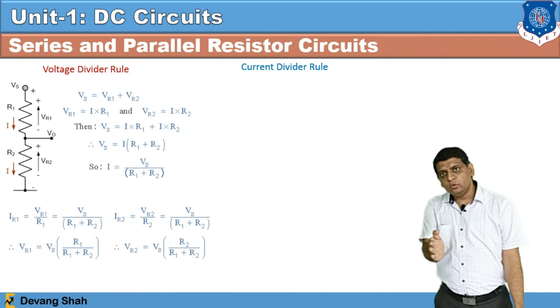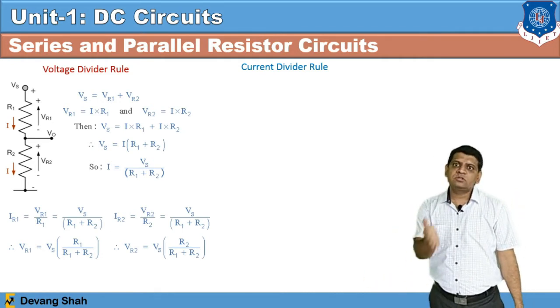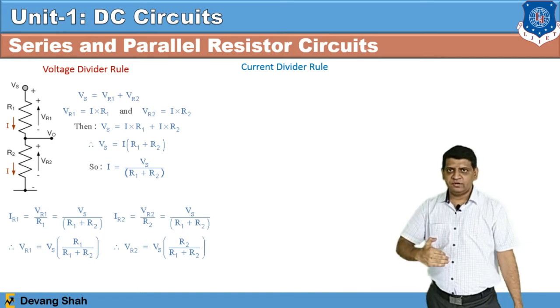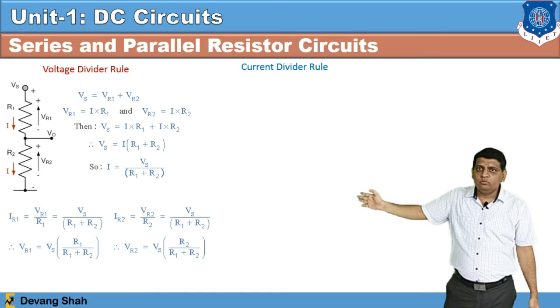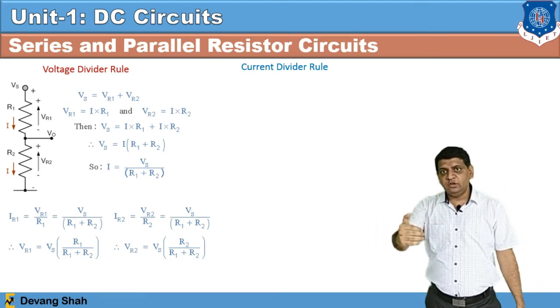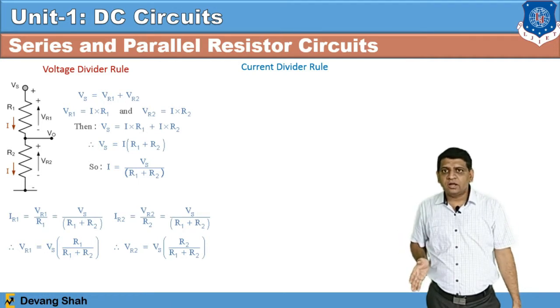So, in the voltage divider rule, you can directly find the equation for how much the voltage is dropped across R1 as well as R2, right? Once you apply those equations, total V is equal to VR1 plus VR2, since the same current is flowing through R1 and R2.